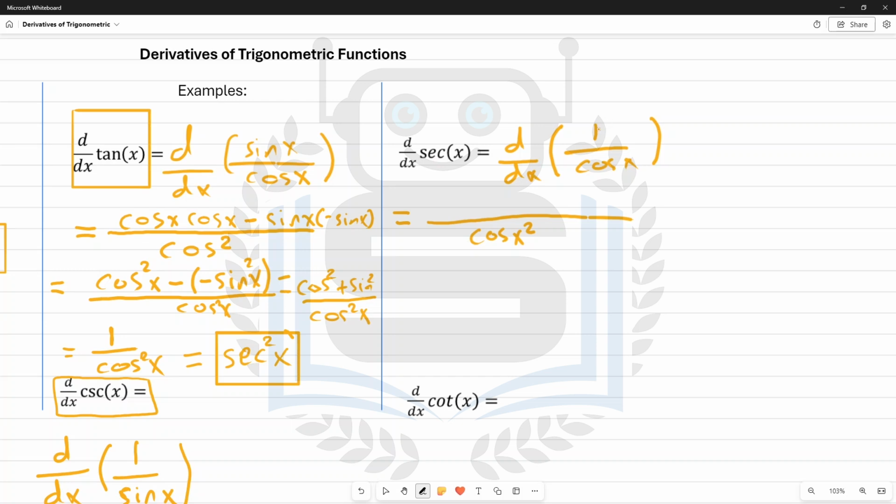The numerator here is 1, so that's 0. 0 minus the derivative of cosine, which is negative sine x. So that equals sine x over cosine x times 1 over cosine x, which equals tan x secant x.